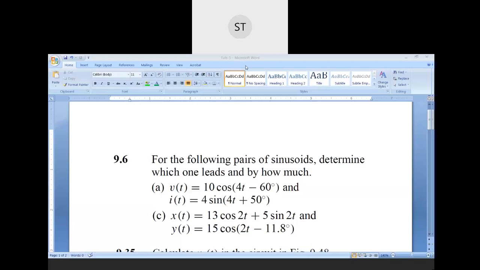Okay. So let us see the solution of these two problems. The key thing that has to be done to answer such a question is that all the quantities given, whether they are voltage or current, which are to be compared to find out the phase difference between them, all have to be converted into cosine form.